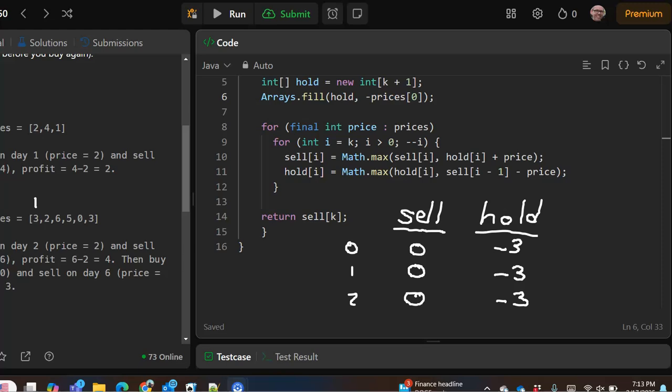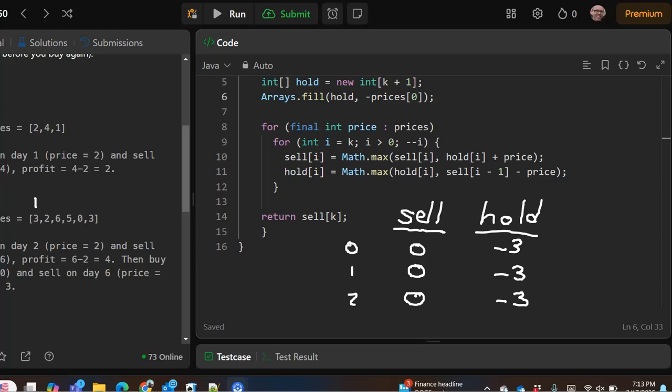Okay, so we have a cell array, we have a hold array. After initializing these, the size of these arrays is k plus 1, because we have a 0 line here. I'm not sure we have to initialize the hold that way, but anyway, this is where we're at after we've initialized it based on day one, because what we can do on day one is either do nothing, or we can buy the stock on day one.